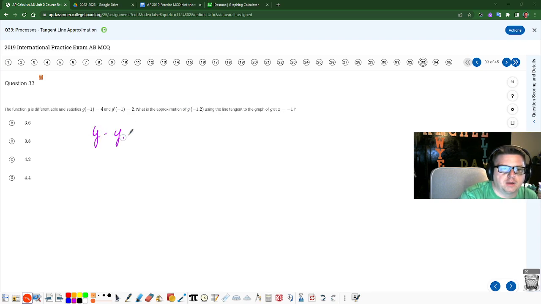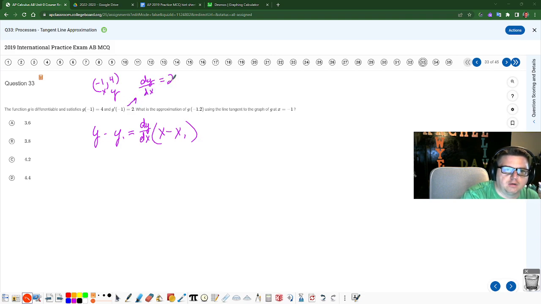We need y minus y1 equals dy over dx times x minus x1. So we have an ordered pair, our x comma y is here. We know our dy over dx, that's going to come from there. So when we plug this in, we're going to get y minus 4 equals 2 times x minus negative 1.